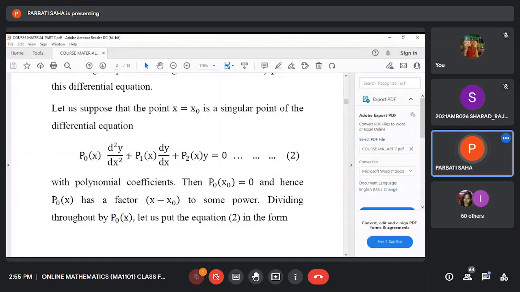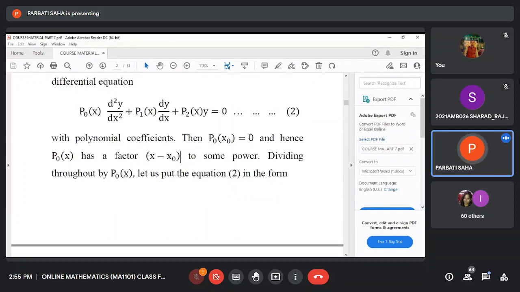by P0(x). Just we divide the whole equation number 2 by P0(x).